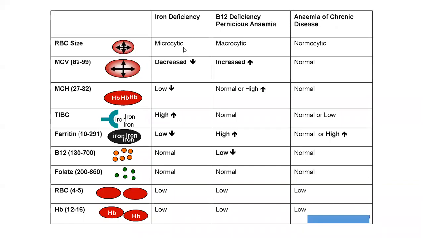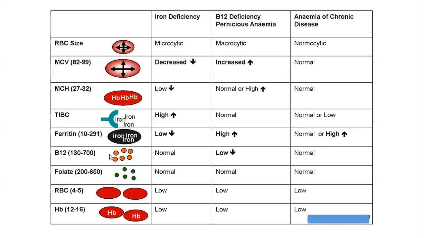So what we can see in iron deficiency is TIBC high but ferritin level low, because of the body's iron deficiency, but iron binding capacity is increased because it is empty. In B12 deficiency, TIBC is normal. B12 deficiency, ferritin is higher. But in anemia of chronic disease, TIBC is normal or low, and ferritin is normal or higher.